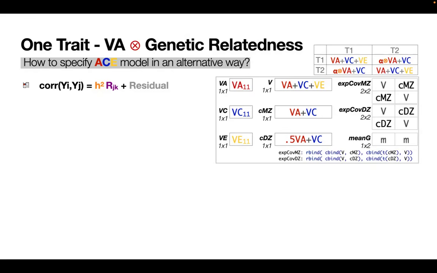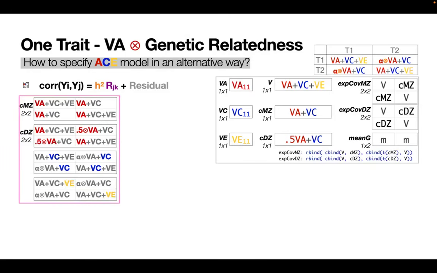So if we rewrite this model and look specifically at these variance covariance matrices, but focus separately on the A component, the C component, and the E component, then we see a certain structure in these matrices.